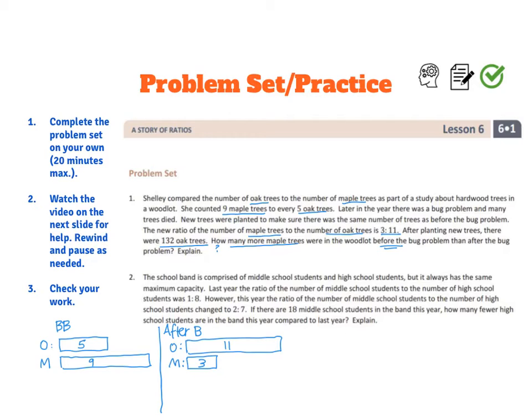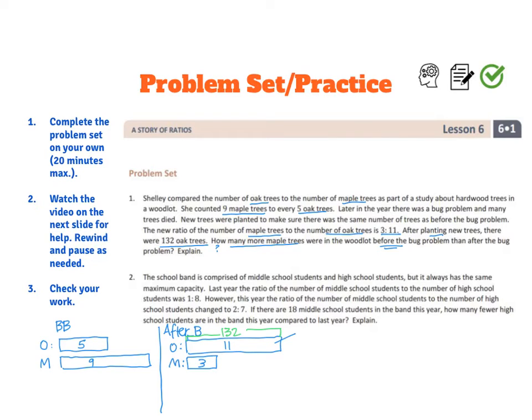They gave me this information after planting new trees: there were 132 oak. So 132 is what they're telling me, which means I need to do division.